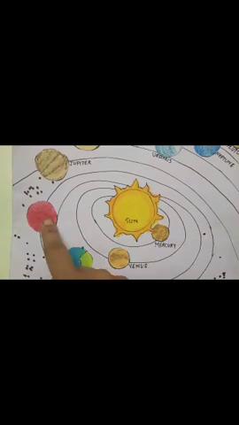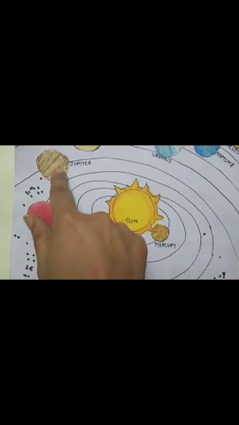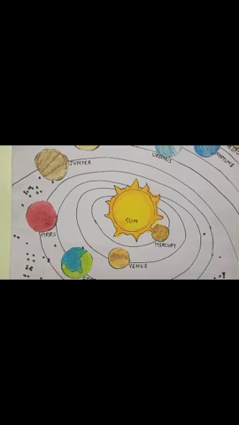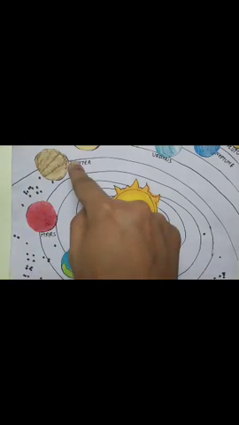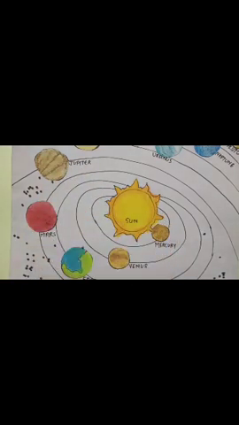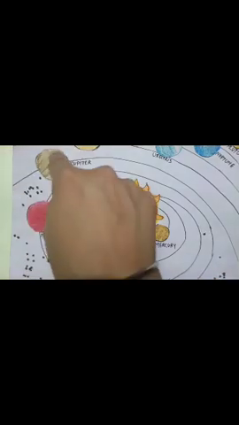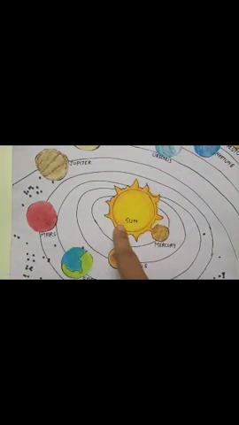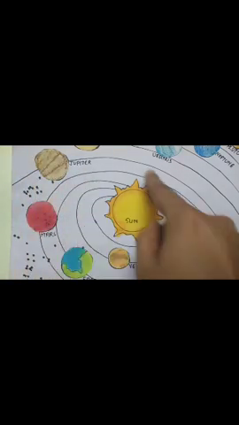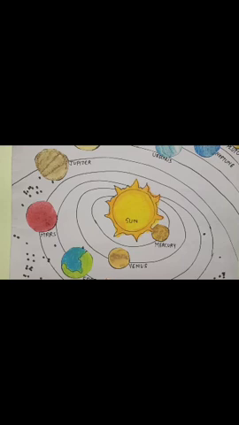Between the planet Mars and planet Jupiter, there is a band of numerous small heavenly bodies. You can see that they are just like small rocks. So these are called asteroids. As all planets revolve around the sun, in the same way, these asteroids also revolve around the sun.